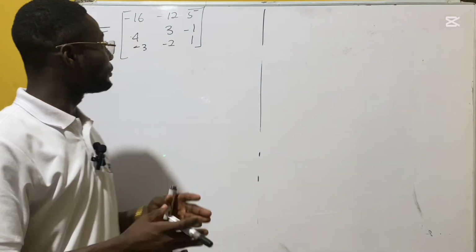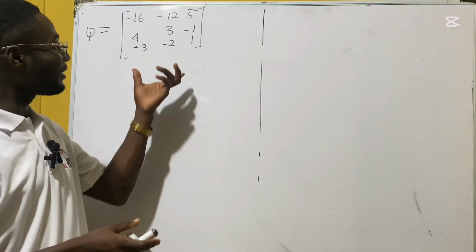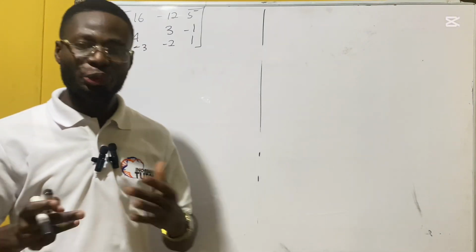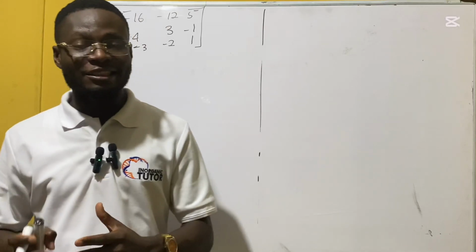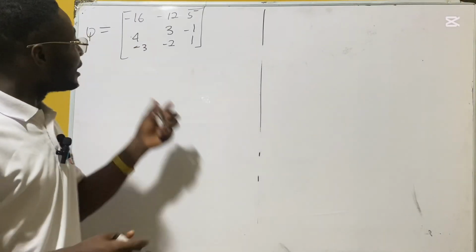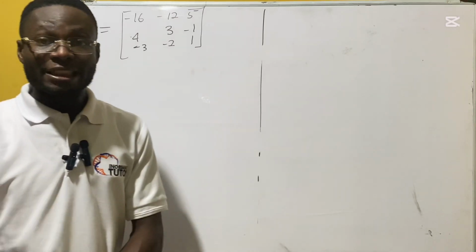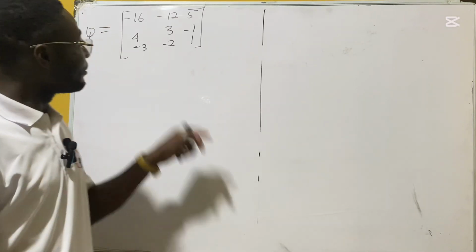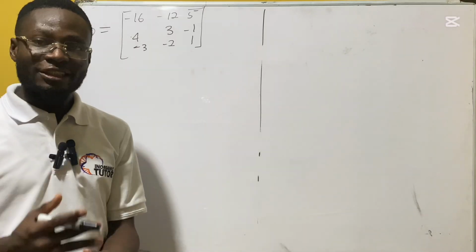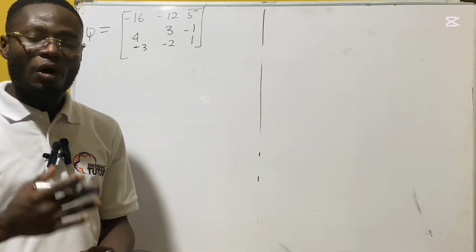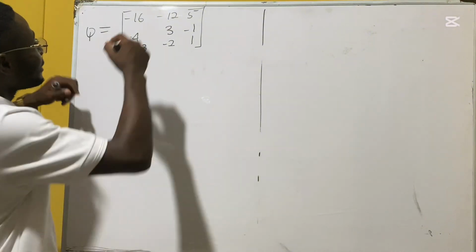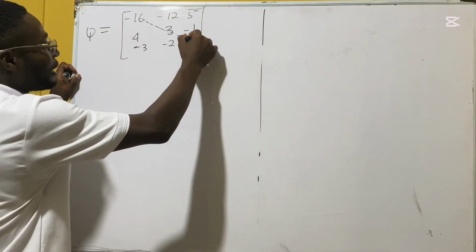In this episode, we are going to look at how we can find the trace of this particular matrix Q. What do we mean by trace? Trace is basically the sum of the elements in the leading diagonals.